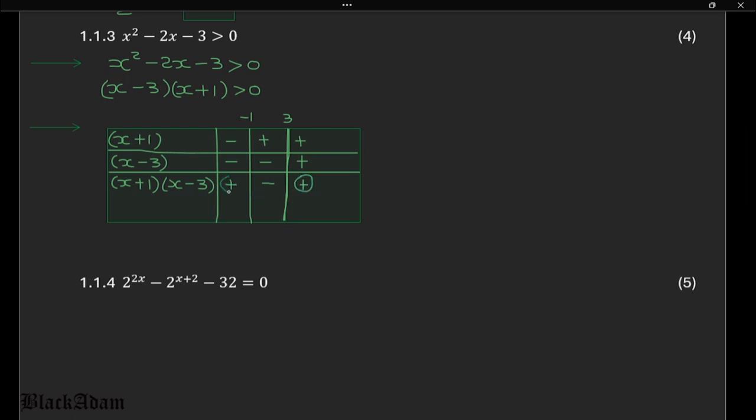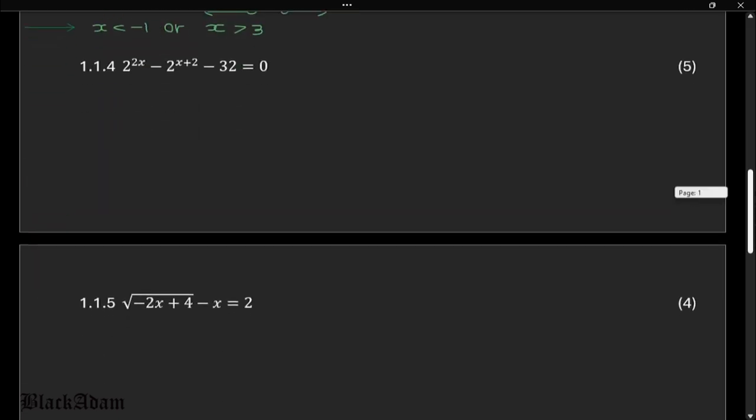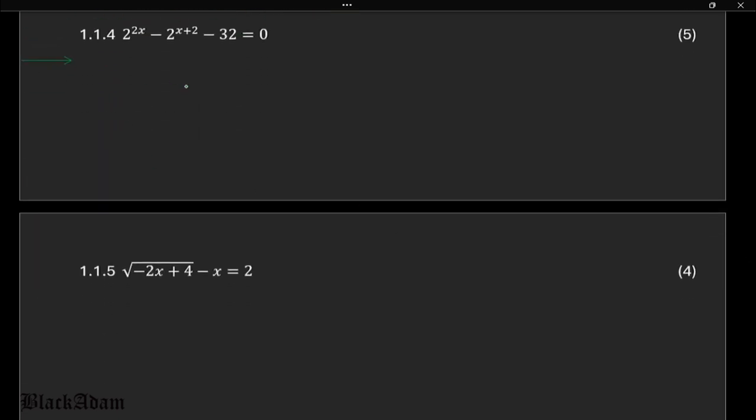So we're looking for positive, so that's on the left, less than negative 1, and also greater than 3. So those are our answers. So let's just write them down. x is less than negative 1, or x is greater than 3. Those are the final answers.